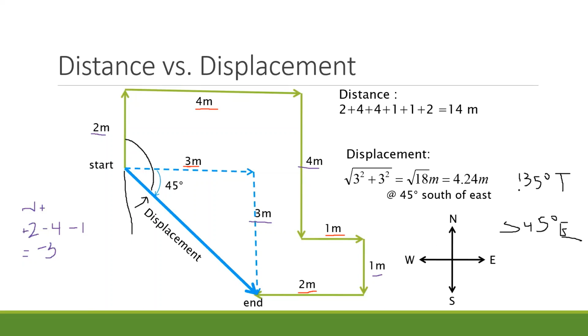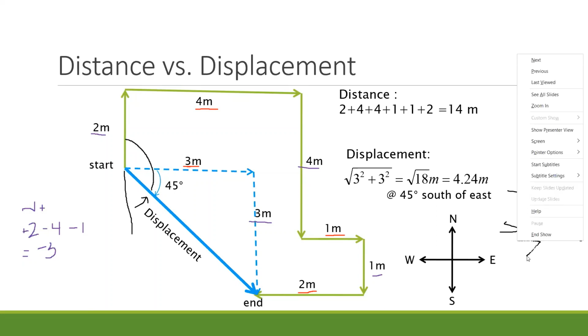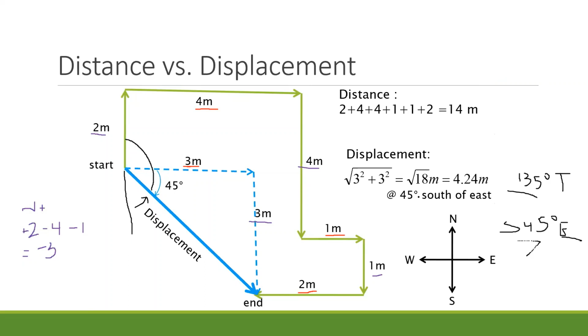Yeah, we're just gonna pretend that that's an E. True bearings. You could use a true bearing. The one on the right, this is the true bearing here. This one is another way you could do it, south 45 degrees east. This is not an ideal way, but it still works. It's still a direction. So that's displacement versus distance, okay?